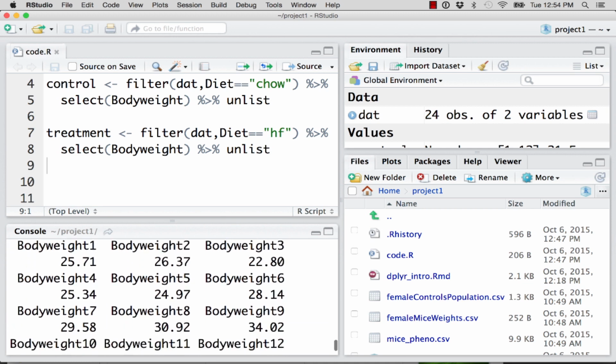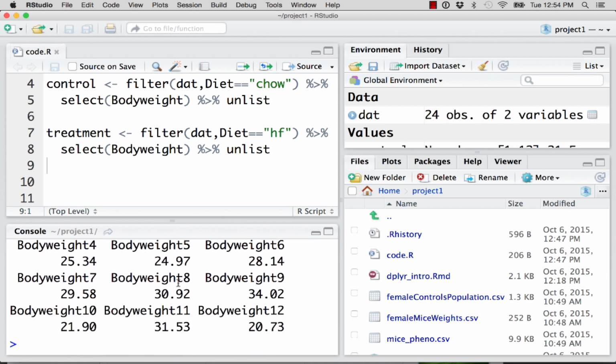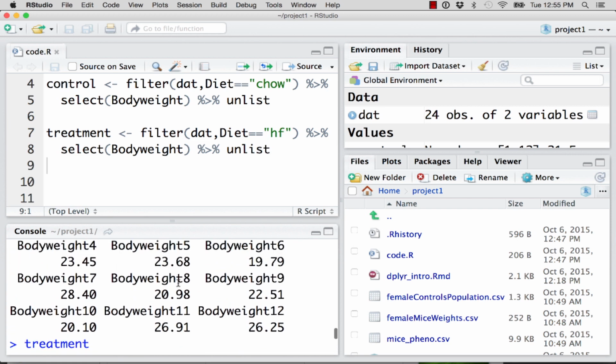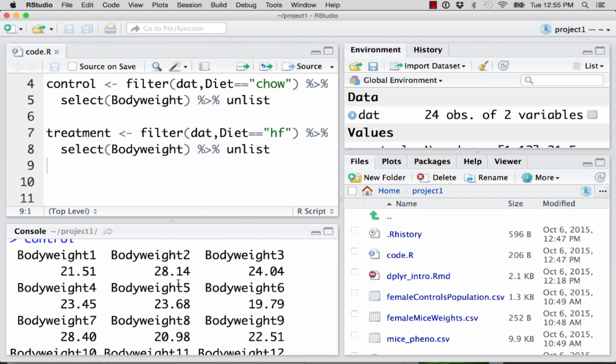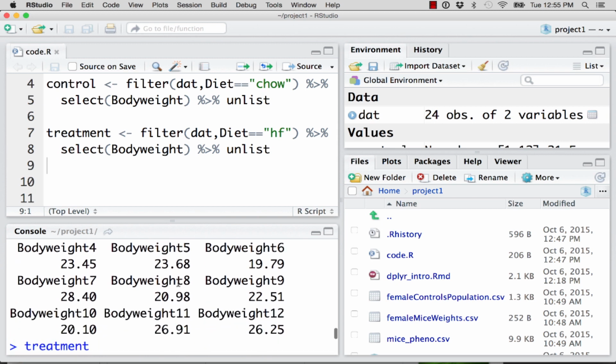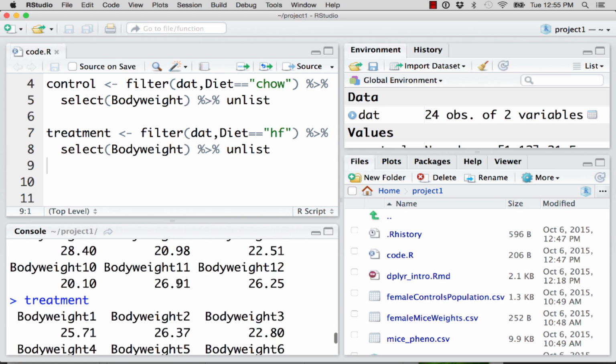There they are. Okay, so now if we compare these 2 groups of mice, we can see just by looking through the 2, that it's not always the case that the high-fat diet mice are heavier than the controls. For example, we compare this mouse that received the high-fat diet.